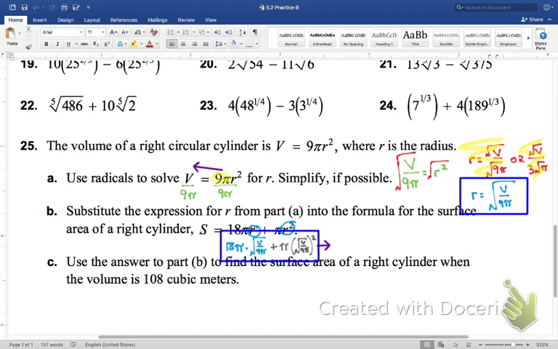Now, what I would tell you, to make this a lot easier on yourself, is to leave it as 18 pi times the square root of V over 9 pi.